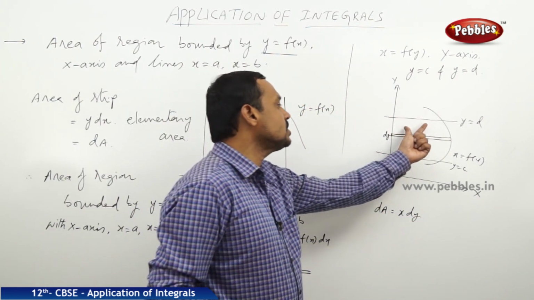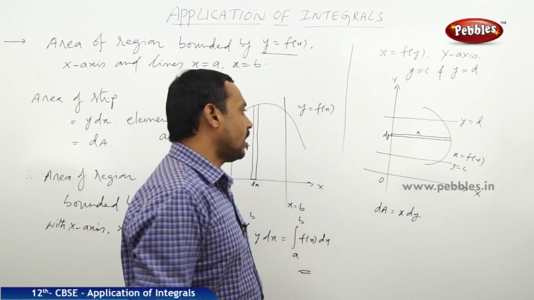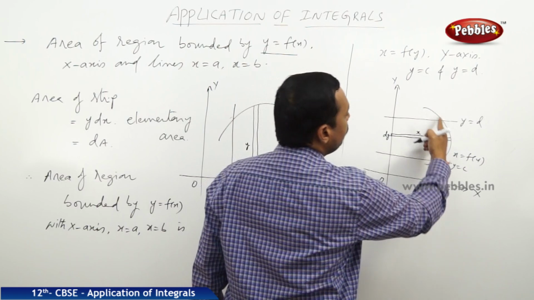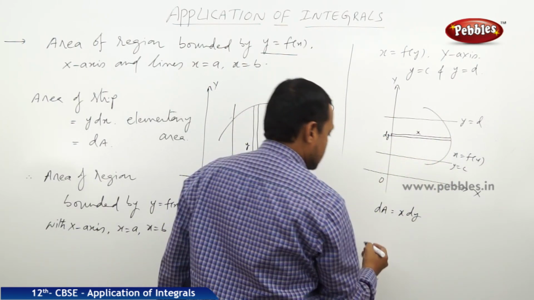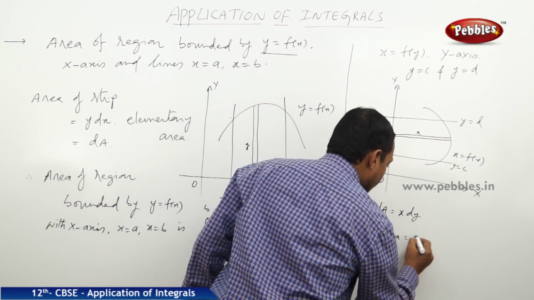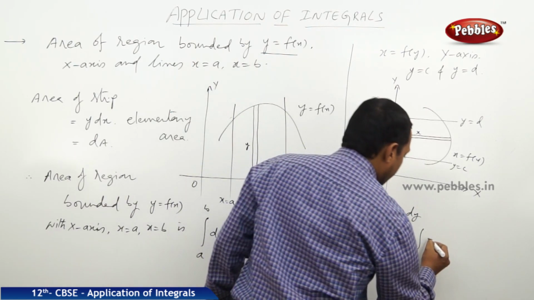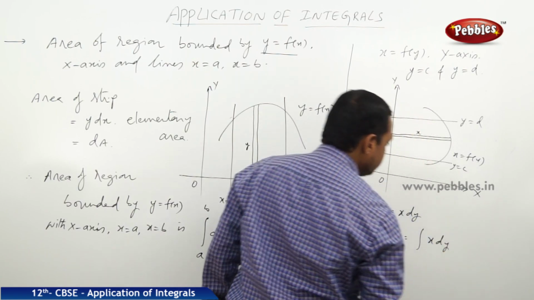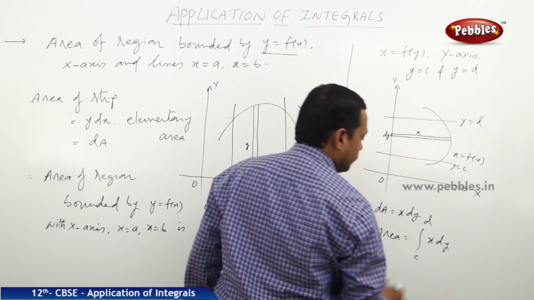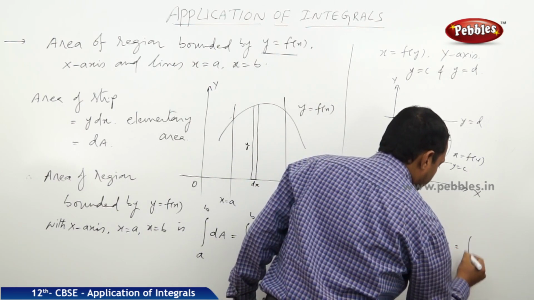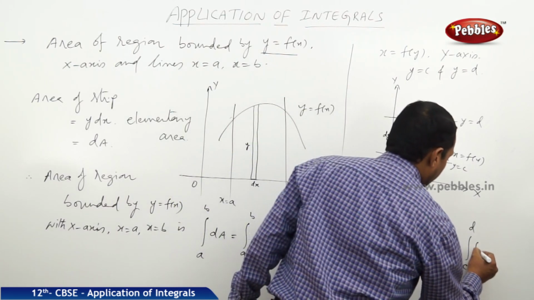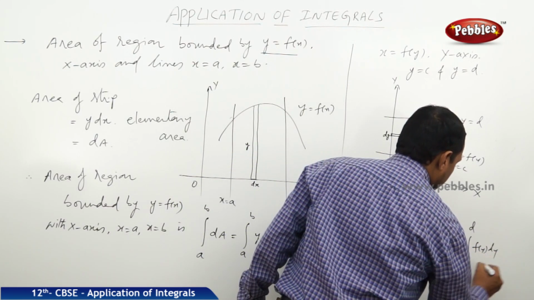Now the large number of these elementary areas gives rise to the area of the region bounded by this curve with y-axis. Therefore, finally the area is given by integral x dy under the limits c to d, that is equal to integral c to d x dy, where x is equal to f of y.